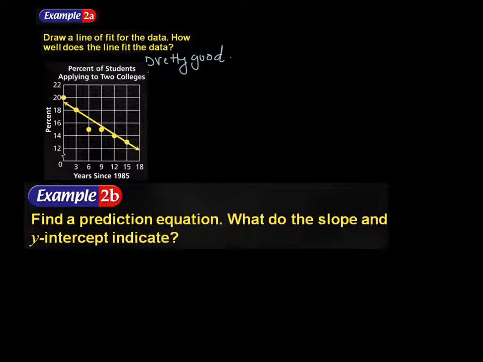Find a prediction equation, and then they ask what the slope and y-intercept indicate. Okay, so to find a prediction equation, we're going to pick our favorite 2 points, and the best 2 that look like they're on the line are (3, 18) and (15, 13).